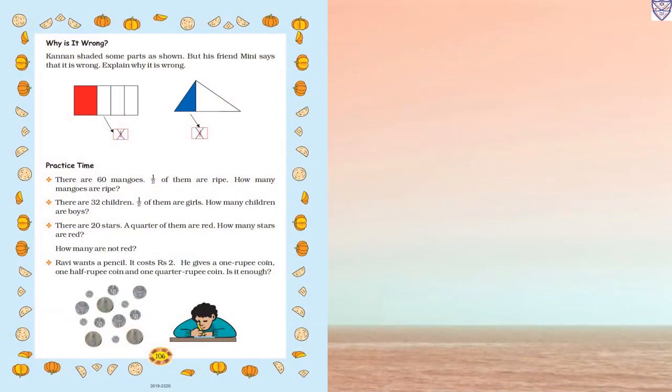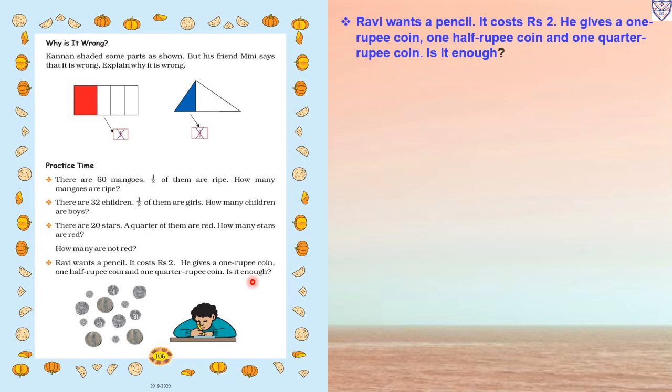Now next question. Ravi wants a pencil. It costs rupees 2. He gives a 1 rupee coin, a 1/2 rupee coin and a 1/4 rupee coin. Is it enough? So in the shop he gives a 1 rupee coin, 1/2 rupee coin and 1/4 rupee coin. Is it enough for that 2 rupees pencil?